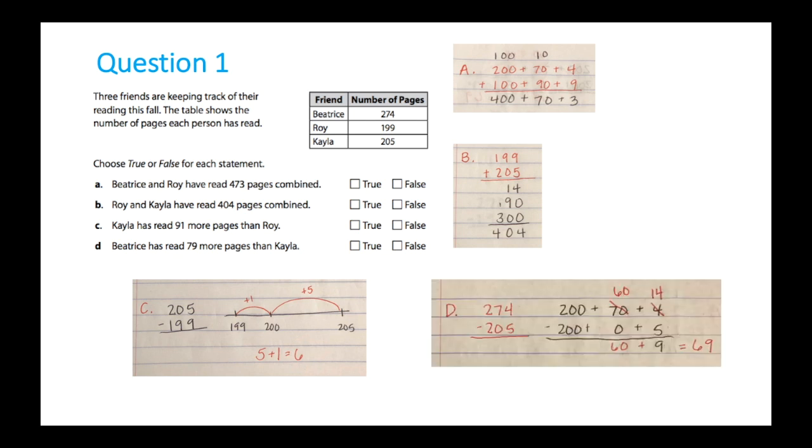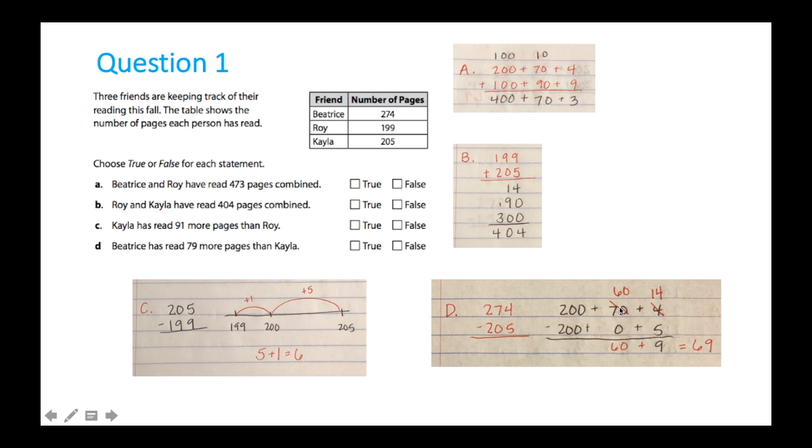Let's take a look at D. D says Beatrice has read 79 more pages than Kayla. So again, I'm trying to find the difference between Beatrice and Kayla. So I used, again, the break apart strategy. I have 200 plus 70 plus 4 and 200 plus 0. There's nothing in the tens place there, plus 5. So I knew I couldn't take 5 from 4, so I went to the tens place.